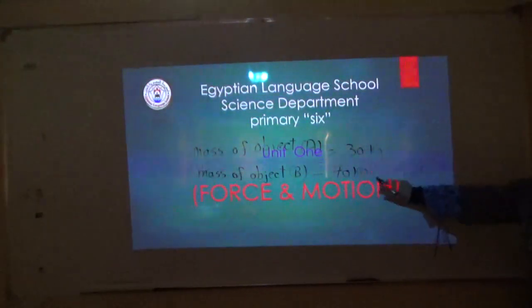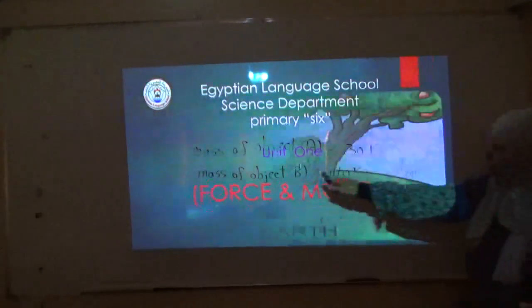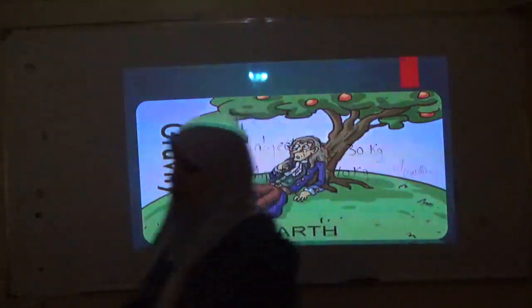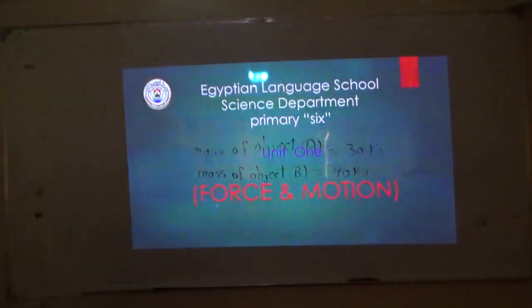So it will be 40 multiplied by 10, it will be 400. So the weight for object B, whose mass is 40 kilograms, will be 400 Newton, according to the rule that the weight of any object on the surface of the Earth equals mass multiplied by 10.